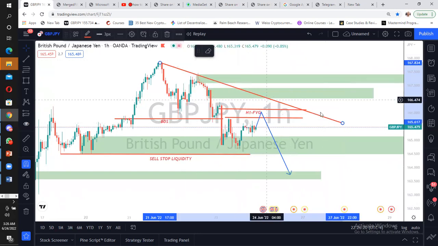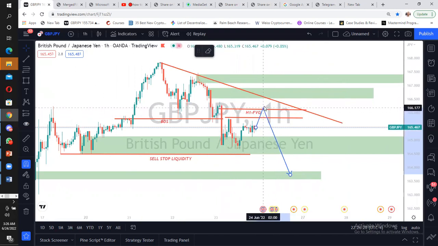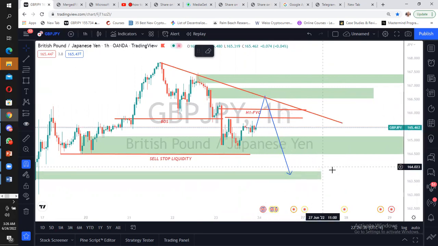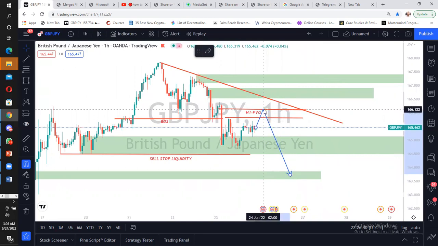So in the worst case scenario, we'll see this guy trade into, because there's also a little FVG here that might also trade like this into this level to validate it, and then they'll flush back down, right? So this will be what I was expecting from here in the worst case scenario. So that is what I was expecting from this trade.